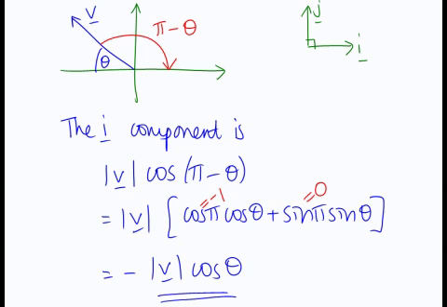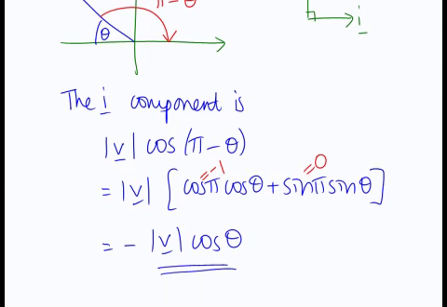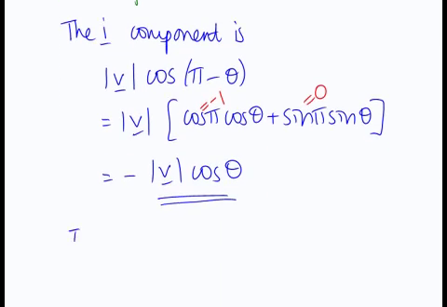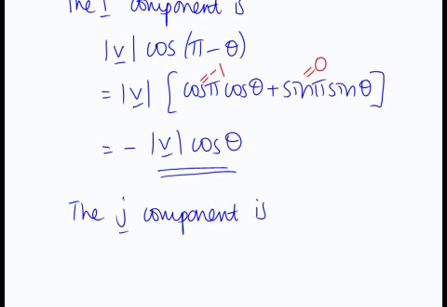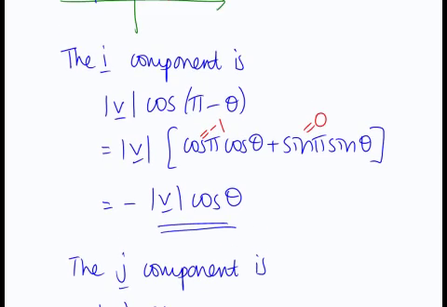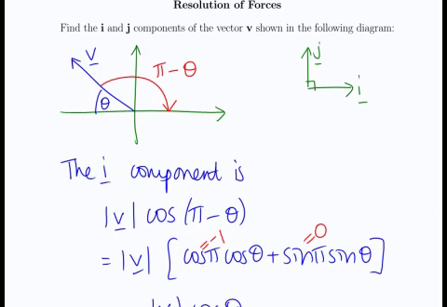You could, if you wanted to, stop the screencast now and see if you can write down the j component yourself. I'll do it for you now. So the j component of v, just as before, is the modulus of v times the cosine of the angle that we have to swing through.